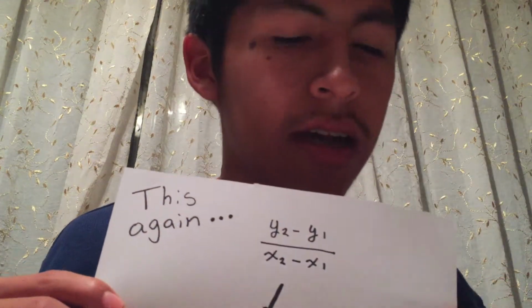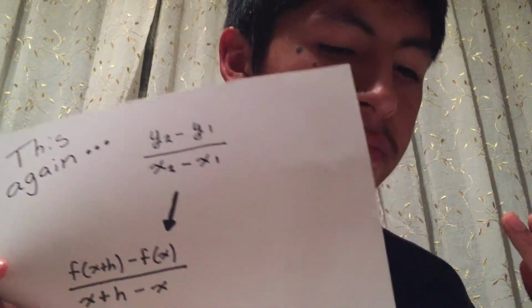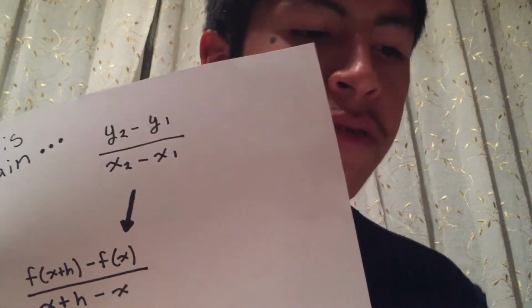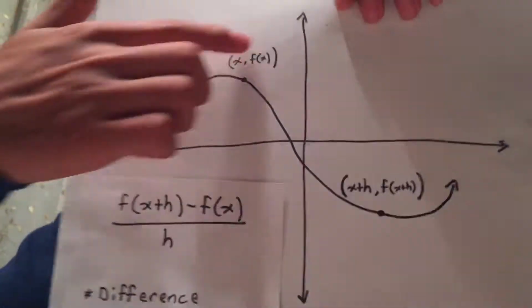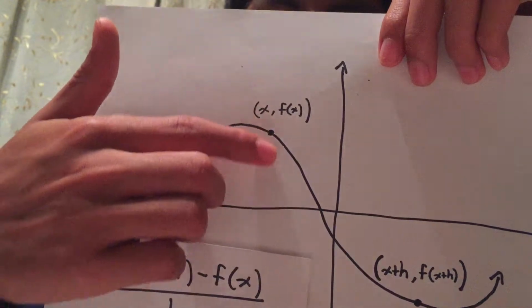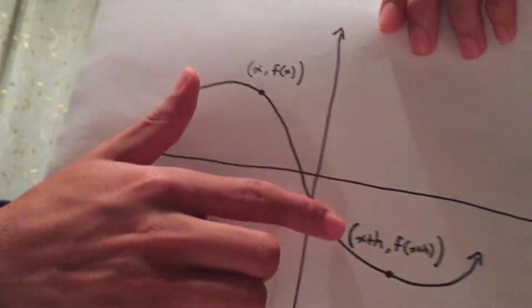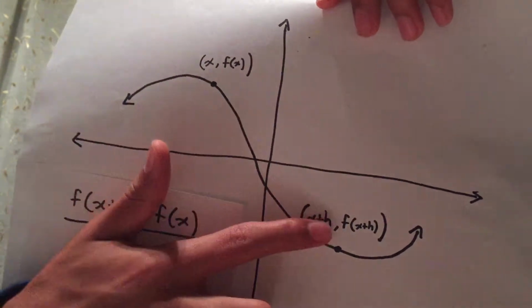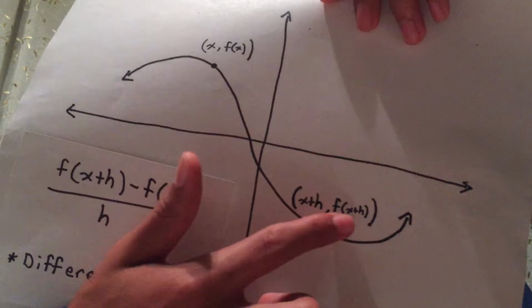So we obviously need the values of 2 points in the same line. But since we don't know what these values are, we know them as x and the output of x, which would be f of x, and then x plus h, since there is a distance, and then the function of x plus h, or the output.